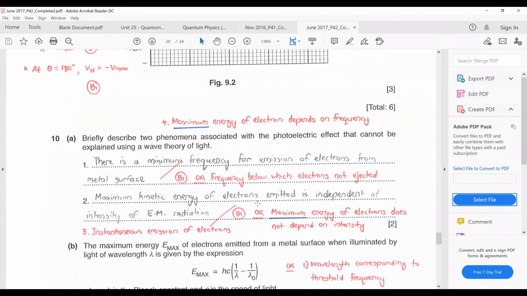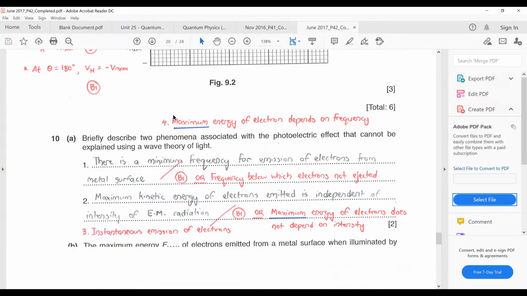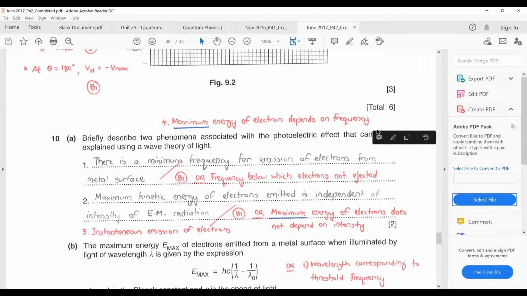Just write any of those and you should be fine. You could say that there is a minimum frequency of emission for electrons from a metal surface. There's instantaneous emission of electrons. Maximum KE of electrons emitted is independent of intensity, or maximum energy of electrons is dependent on frequency.